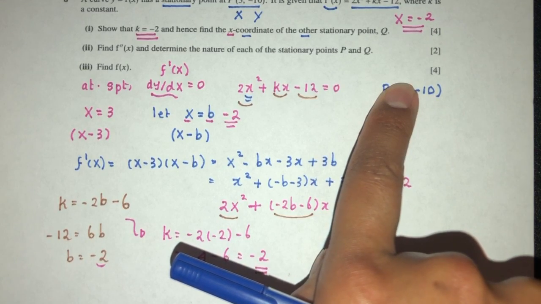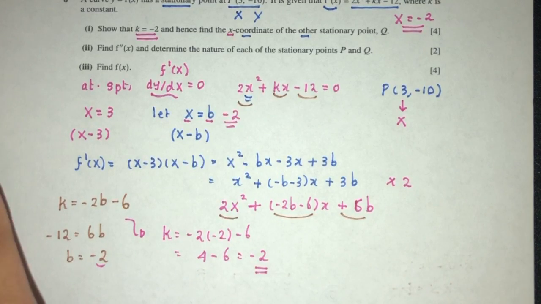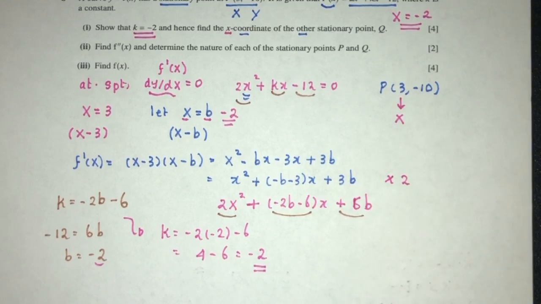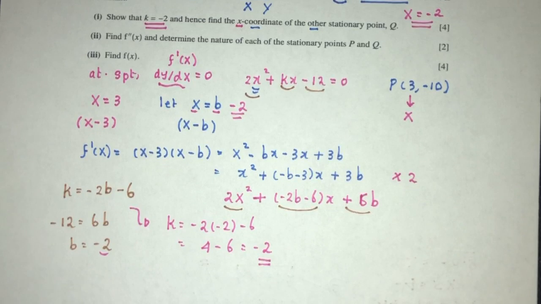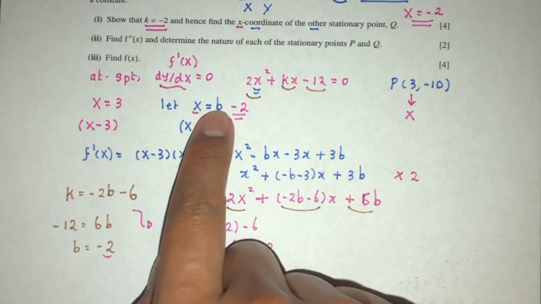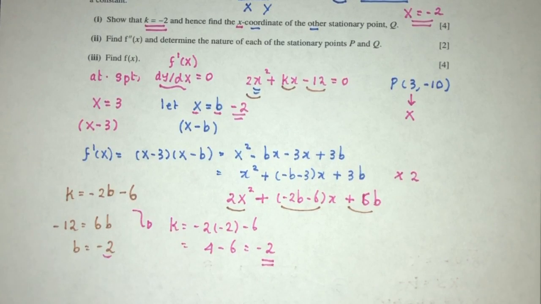But we also know that because here we have x squared, we need to have 2 solutions, right? For example, if you had x cubed, you will need to have 3 solutions, right? If that makes sense. So I mentioned, let x for the other solution equal to b. So it means that if I send b over here, my factor will be x minus b, right?